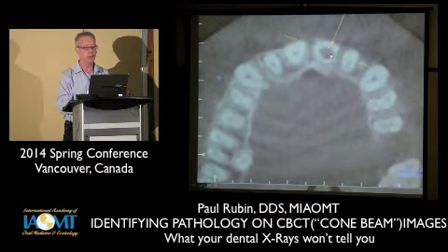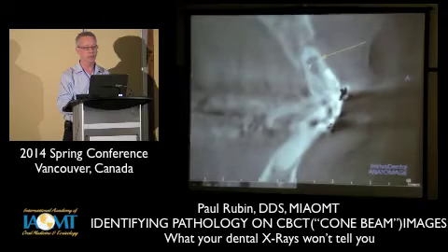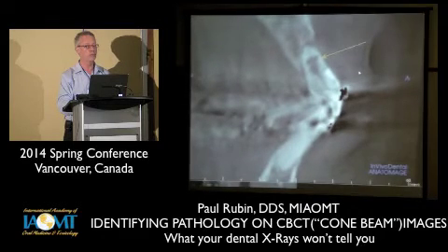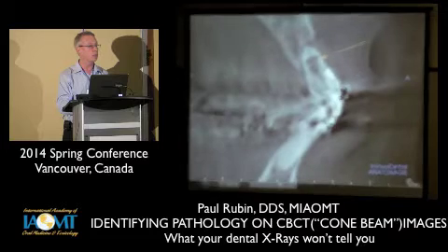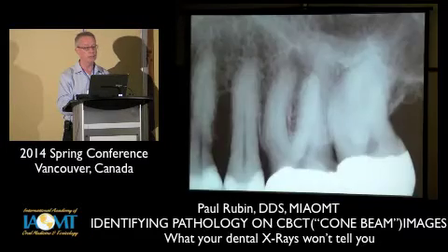This is a big, wide internal resorption going on. Much clearer to see what's going on. If we look at a cross-sectional view, you can see the shape of that resorption. You can also see that the buccal plate of bone here is gone in this area. So a whole lot more information when you can see things in 3 dimensions rather than looking at simply a 2-dimensional image.